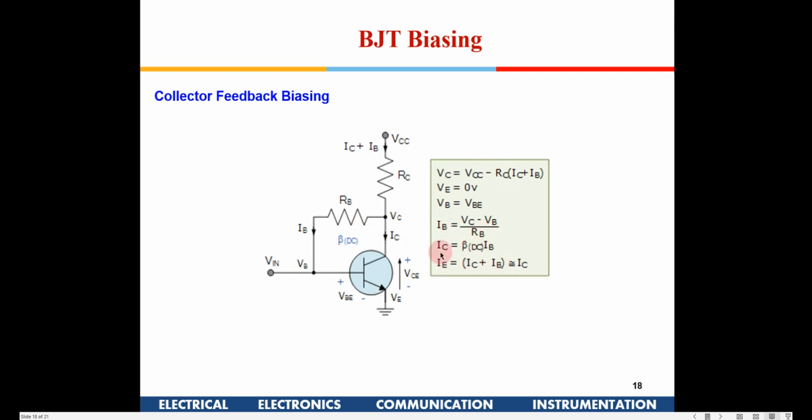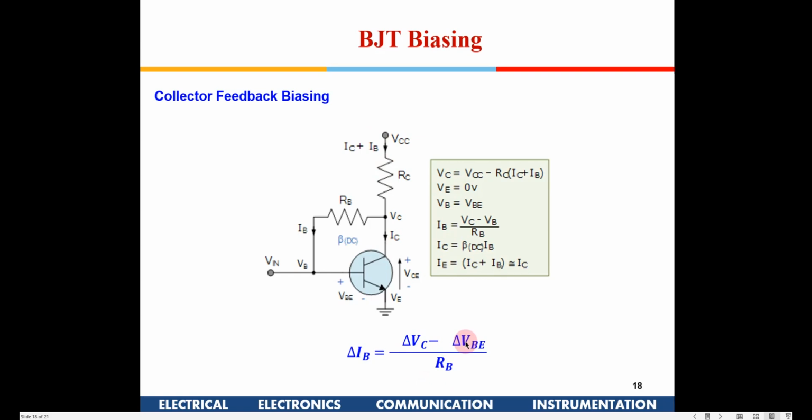These are the equations applicable to this circuit. Now if I write delta IB, it is (delta VC minus delta VB) by RB. In this case, this is slightly more stable. Any power supply variation will get reflected as delta VC divided by RB.